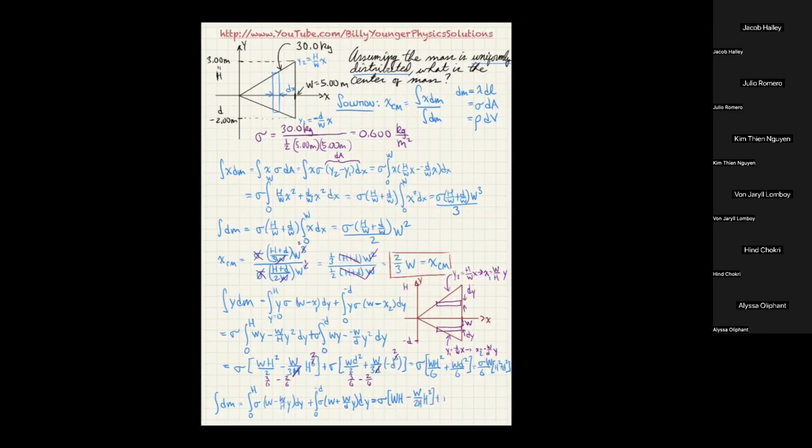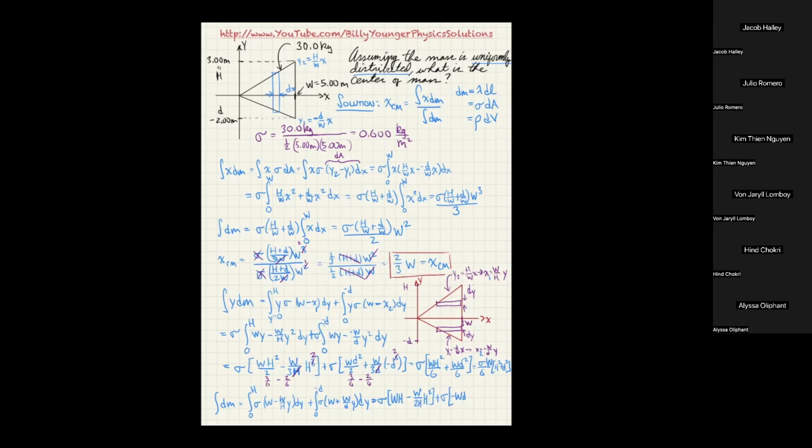And then plus sigma again. Now I'm going to get this same thing. This will be w, negative w over d. Actually, negative wd. Sorry about that. So negative wd, because the integral of w is just y, and then I evaluated at negative d, and then again minus 0.